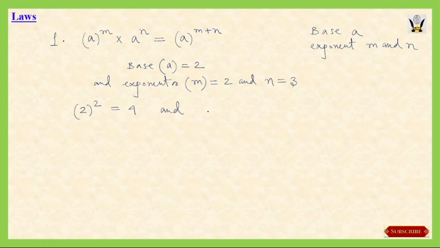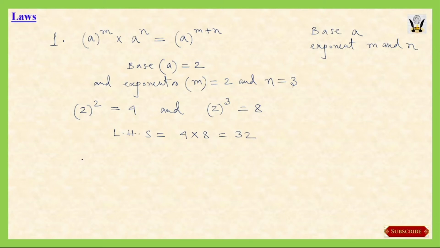Then separately we will find the value of a to the power n. Again a is 2 and n is 3, so it will be 8. The left hand side of the law, a to the power m, which is 4 in our case, multiplied by a to the power n, which is 8, will be 4 eights are 32.